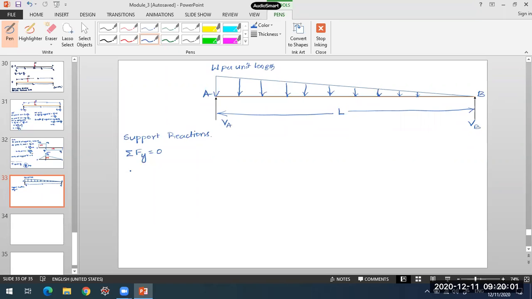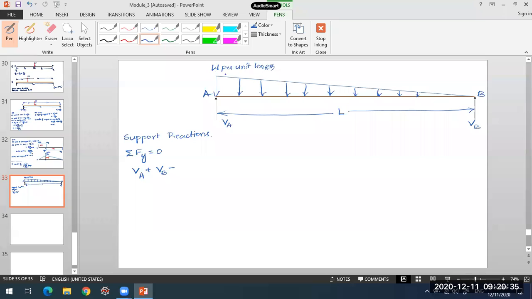Applying it to my beam, VA plus VB are upward, taken positive, and the uniformly varying load acts downward. To know the total magnitude of this load, the resultant, you need to find the area of the triangle formed by this uniformly varying load.